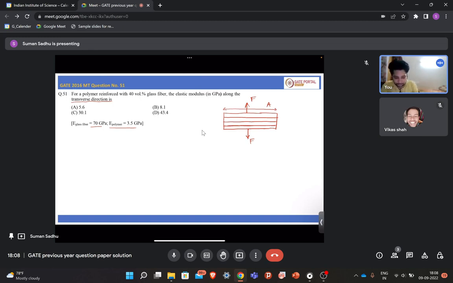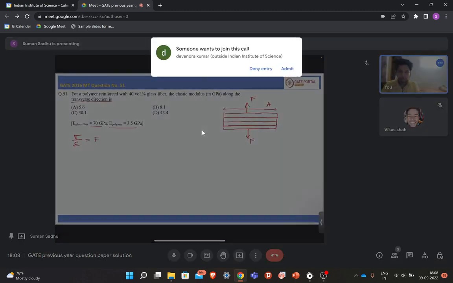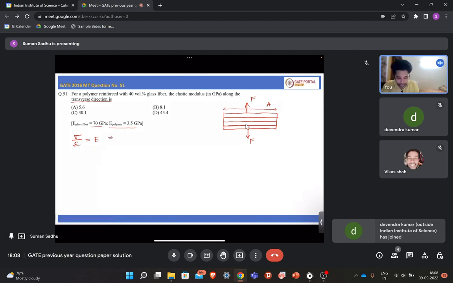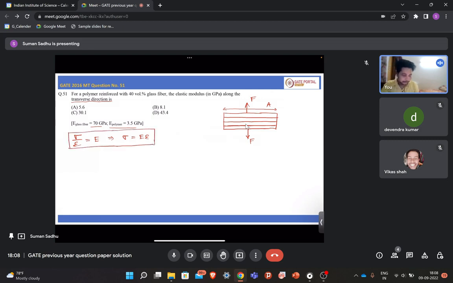That is sigma by epsilon. So you can write that stress is equal to elastic modulus into epsilon. This is the relationship between the stress and strain with the elastic modulus.